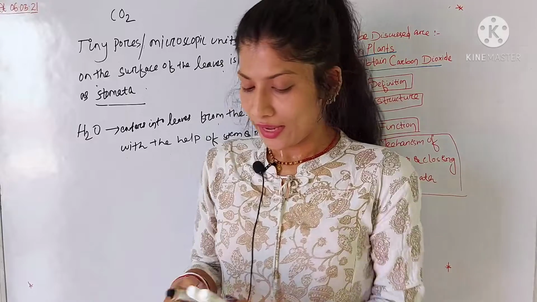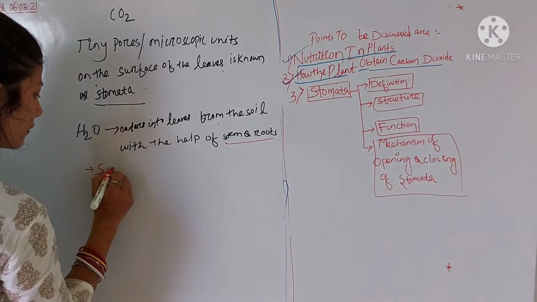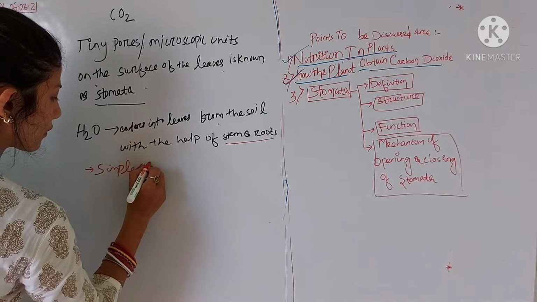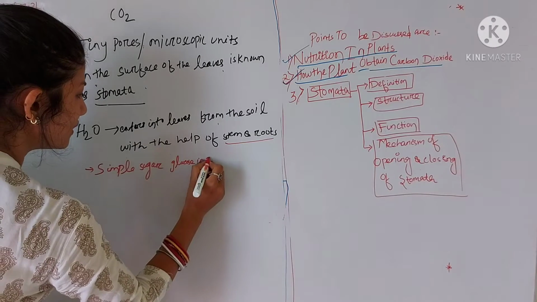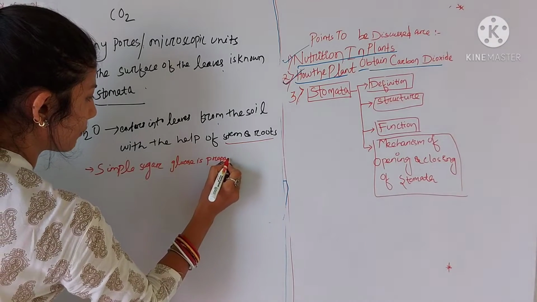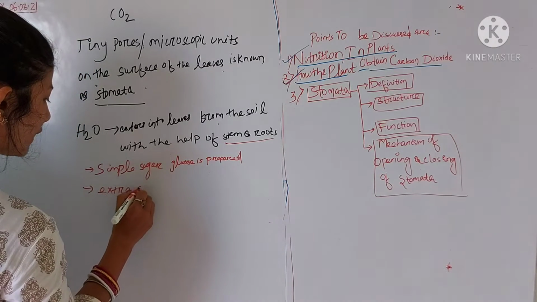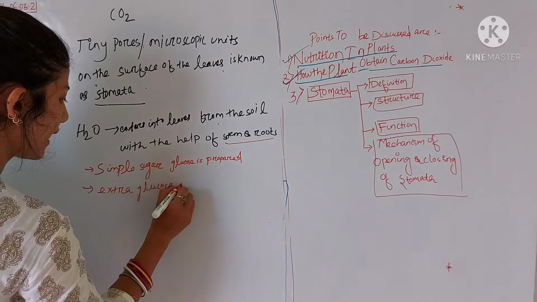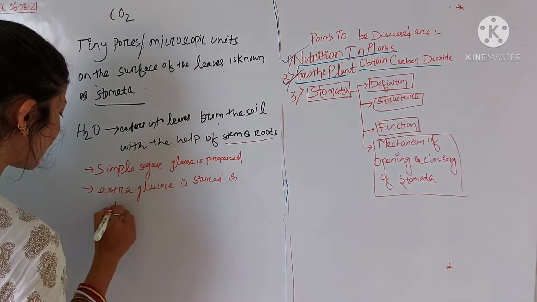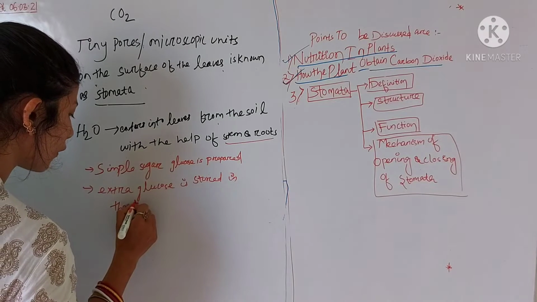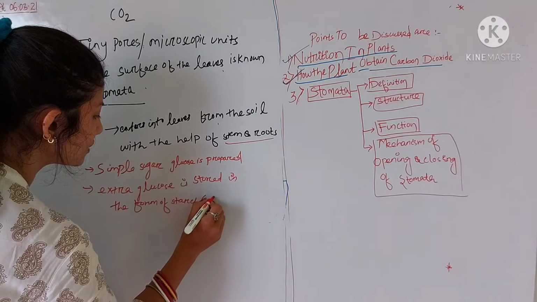Glucose is prepared. In the process of photosynthesis, the simple sugar, glucose, is prepared. And the extra glucose is stored in the form of starch, which is a complex sugar.